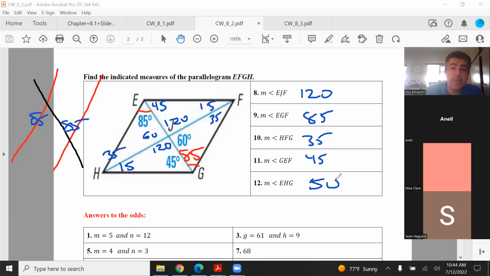Let me replicate this one more time for you guys, so you see all this in motion again. Okay, so you knew this is 85.